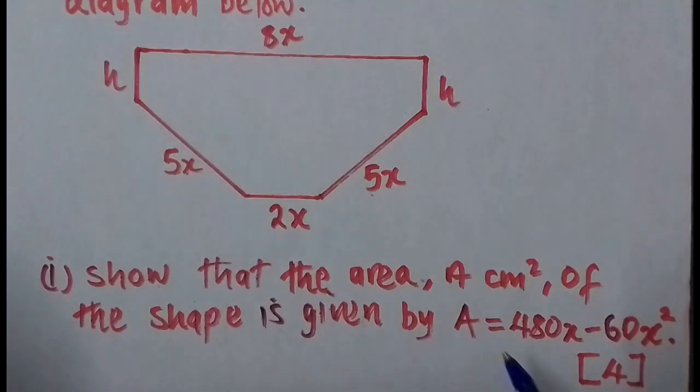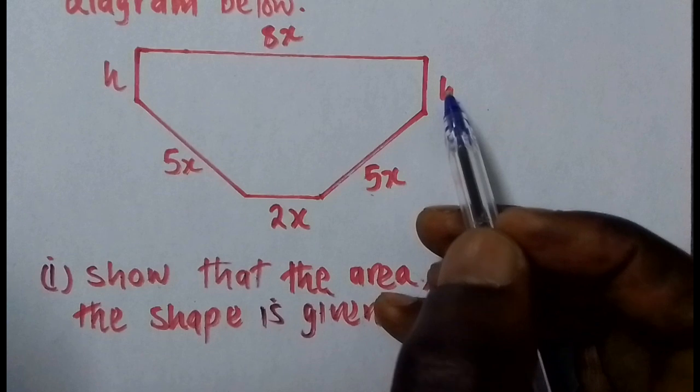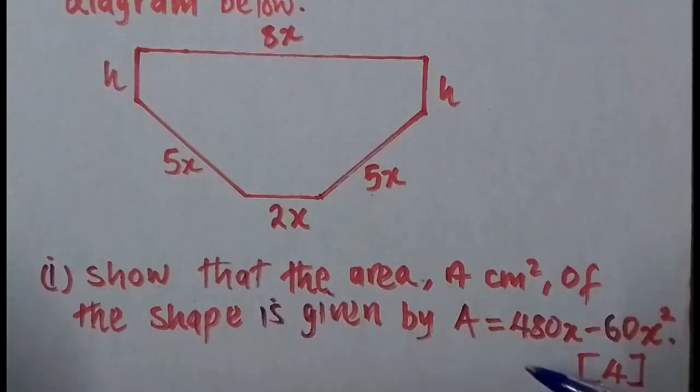And if you've seen on area here, on the right side, this is in terms of x. So we have to express this h in terms of x so that we can successfully get our area, which is in terms of x.